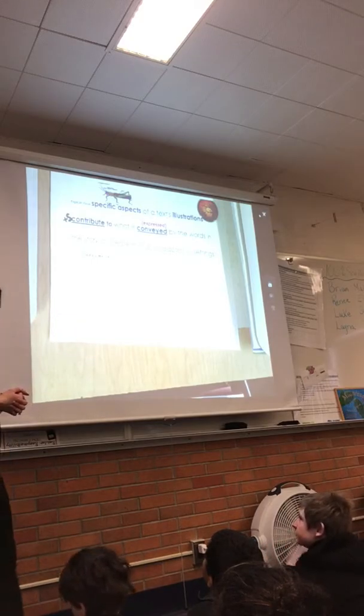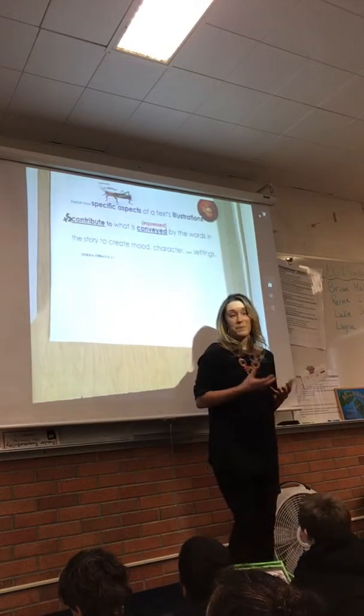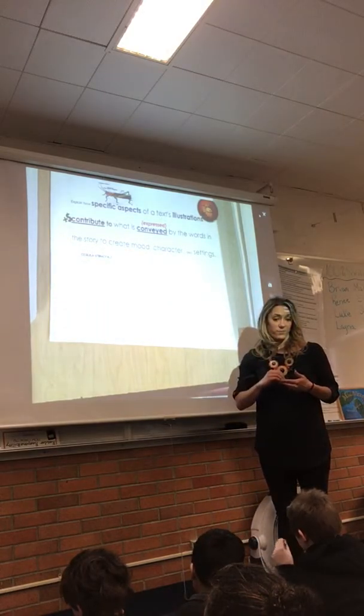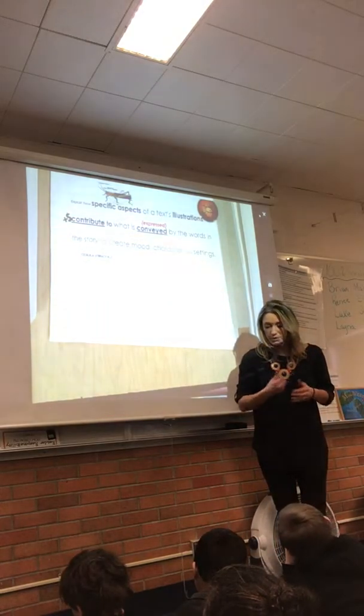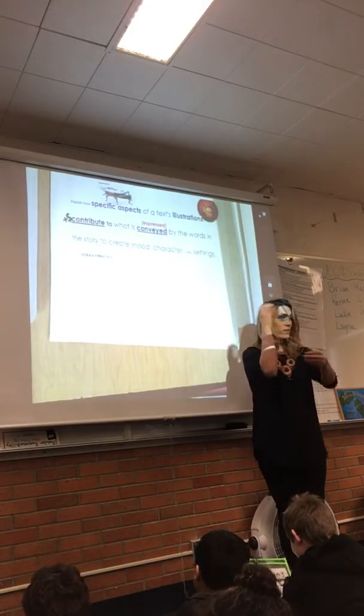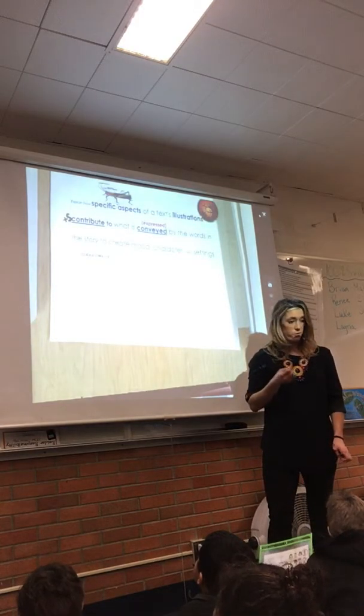Because we're good at identifying characters and setting and plot and all these things in the words, but it can be a little more challenging when we ask, do the illustrations convey that too? So that's why you have some of those pictures, because we're really going to be looking for what the different aspects of the illustrations convey about the message the author is trying to share.